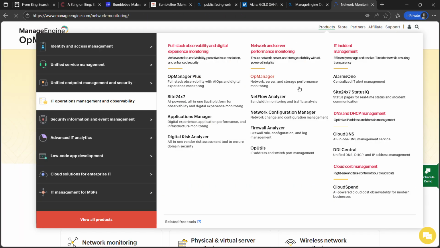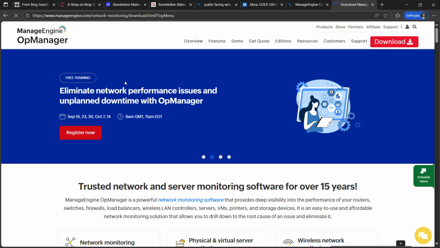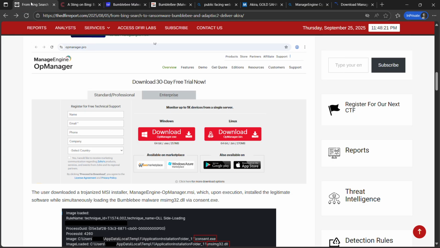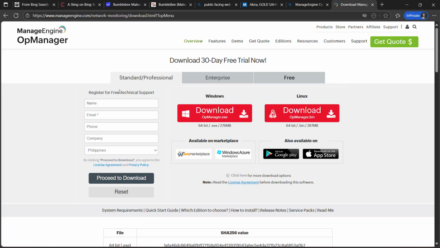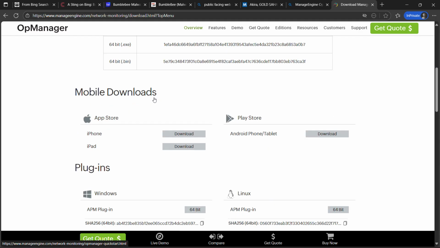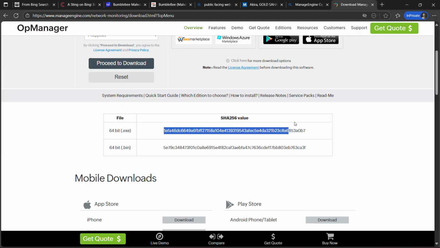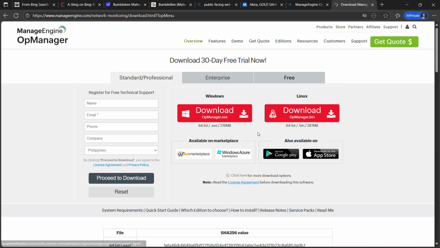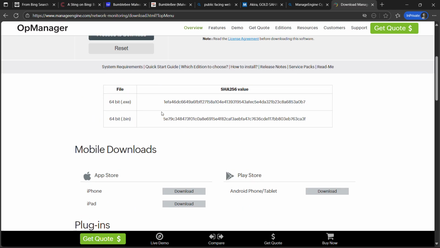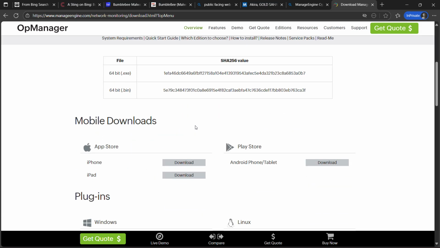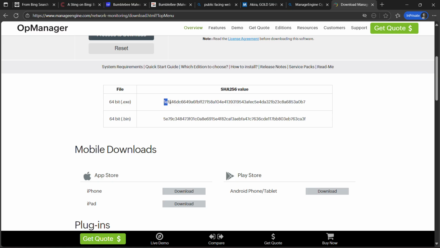Take a look at the ManageEngine download. Oh, but they included, yeah, this is what I'm going to look for. They included a hash to ensure the integrity of the file is kept, right?